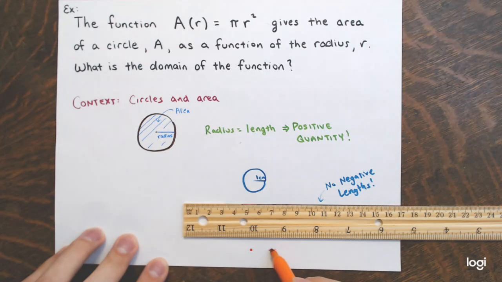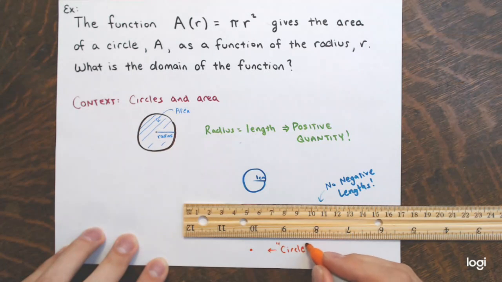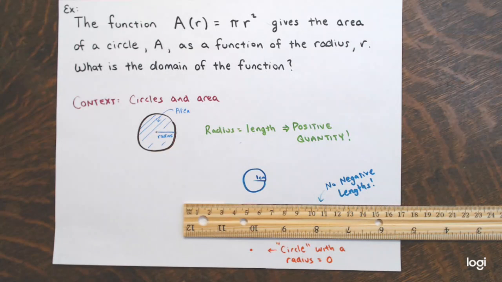So a single point is a circle, and I'll put this loosely, with a radius equal to 0 units long, 0 centimeters, 0 miles. It doesn't matter. 0 of any unit length is going to be just a single dot.